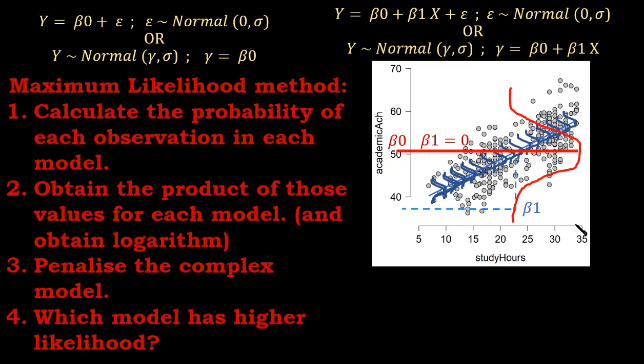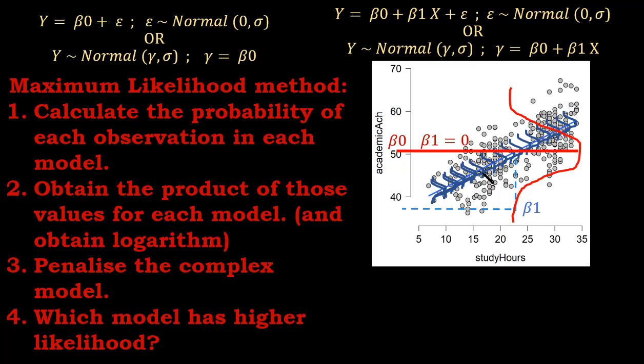So we've got two methods. One is called the maximum likelihood method. Remember that we use the model of the normal distribution with mean being beta 0 to make a prediction of each of these 300 observations.